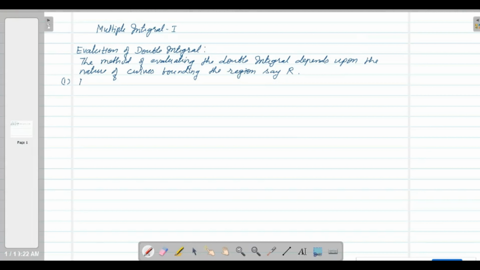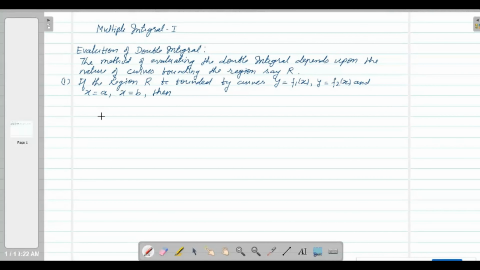If the region R is bounded by the curves y equal to f1(x) and y equal to f2(x), and x equal to a, x equal to b, then we will evaluate the integral in the following way.